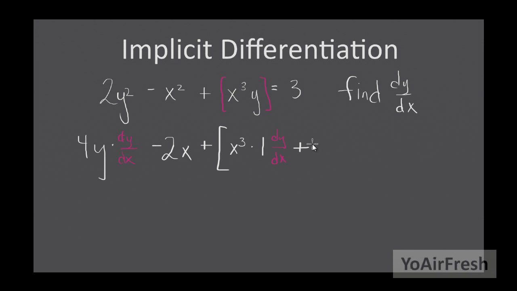All that plus the second term. We do not attach the dy dx because we're not taking the derivative this time. Times the derivative of the first. And that equals, and the derivative of any constant is 0.